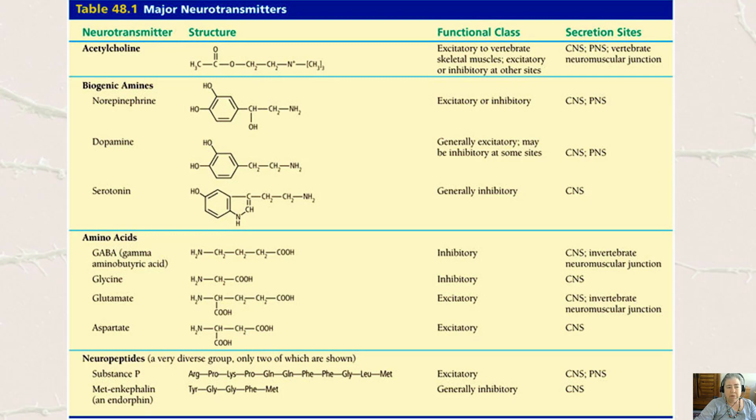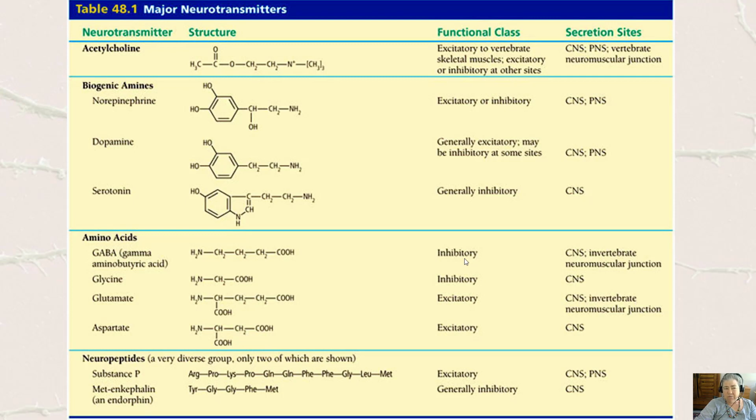There are a number of amino acids that function as neurotransmitters. So again, they get either synthesized or collected in the cell body, transported down the axon, stored in synaptic vesicles. These include GABA, which is gamma aminobutyric acid. It's an inhibitory neurotransmitter.